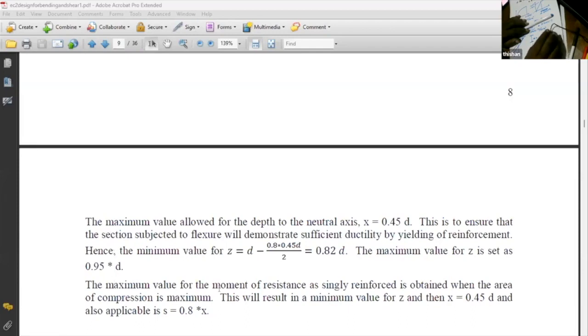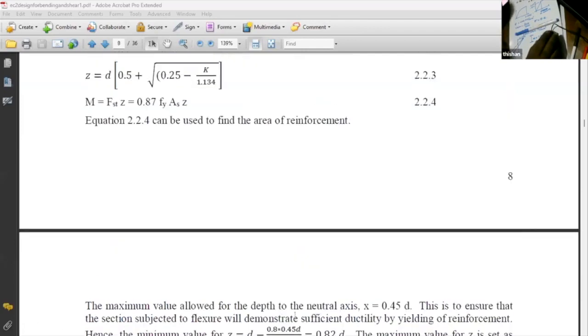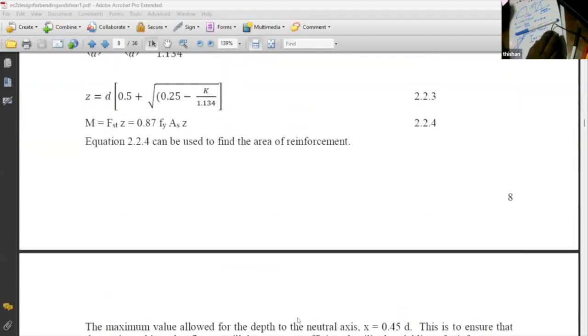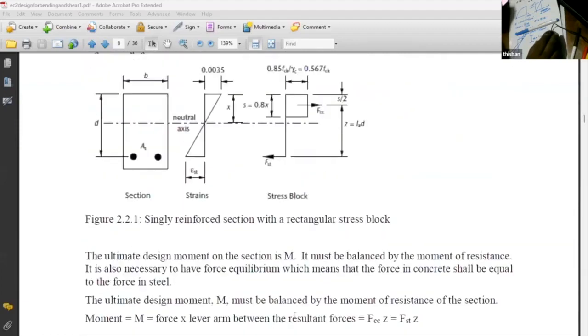The maximum value for the moment of resistance as singly reinforced is obtained when the area of compression is maximum. This will result in the maximum value for Z when x is 0.45d, and also applicable is s equal to 0.8x. I hope that you can understand the statement. So let's look at the theory.